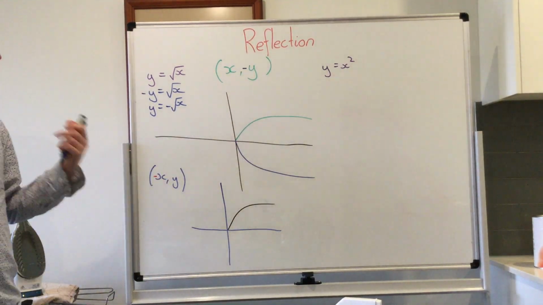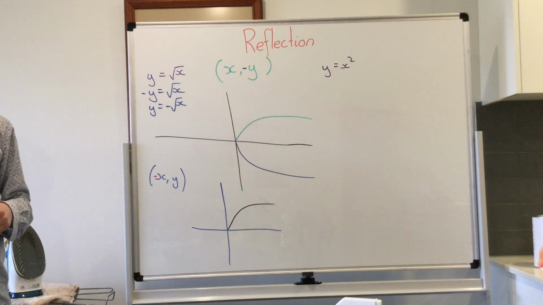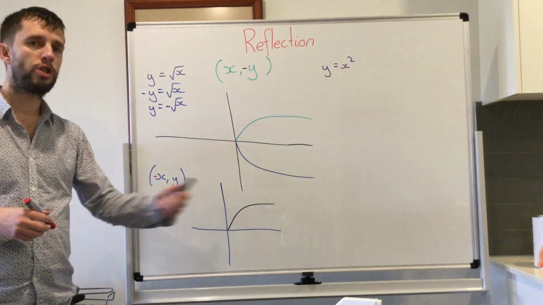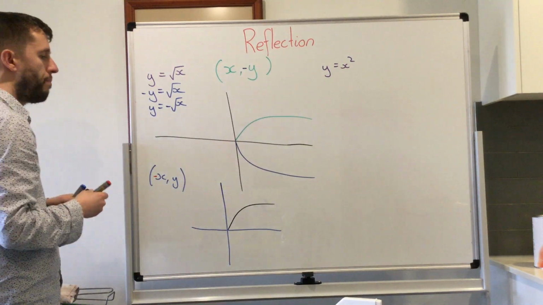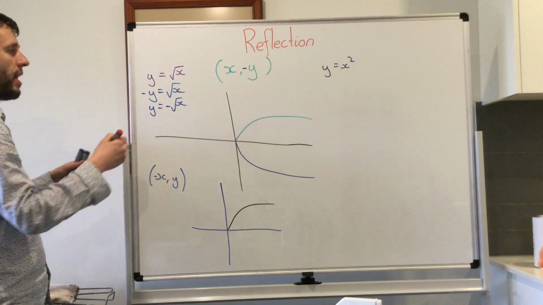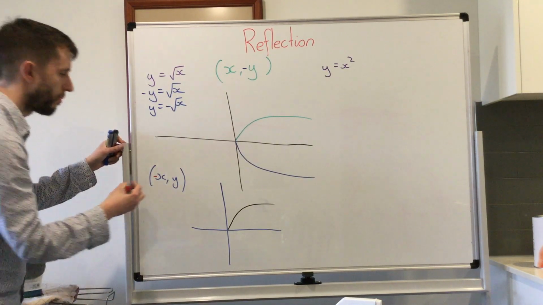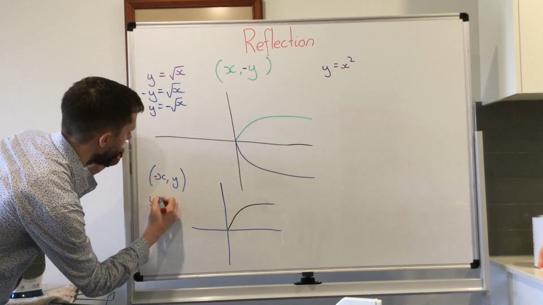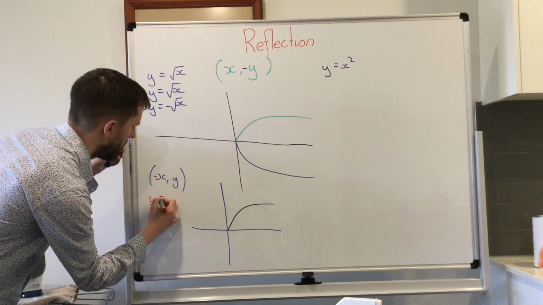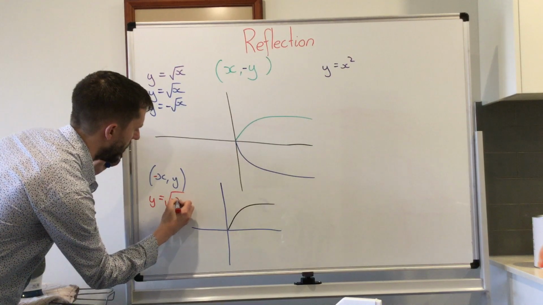So I'm doing a reflection. So if I'm doing a reflection of my graph based on the x-axis, then in my equation, I am going y equals the square root of negative x.